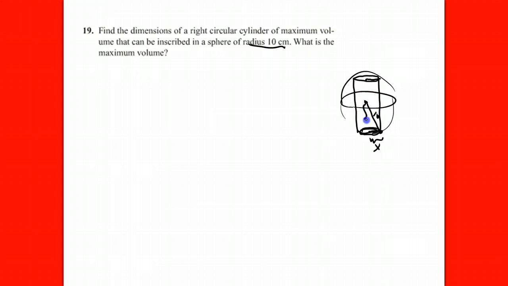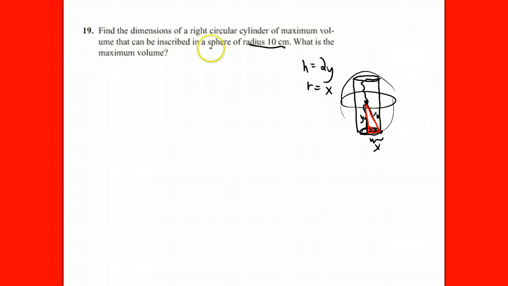In this right triangle, the sides are y, x, and 10. Now, by symmetry, the height of the cylinder is twice y, and the radius of the cylinder is x.